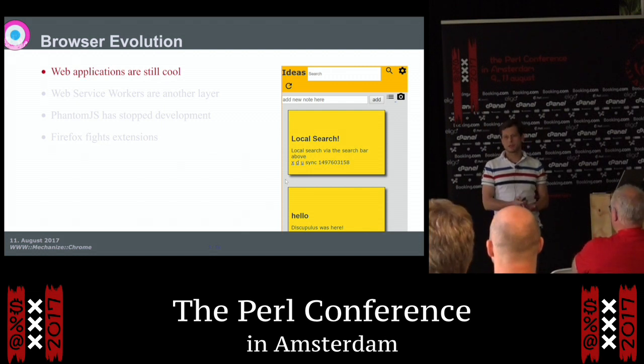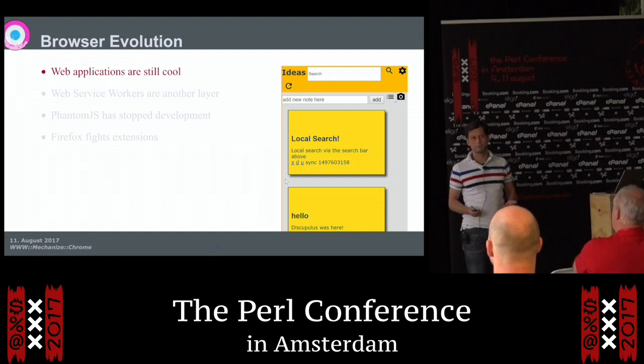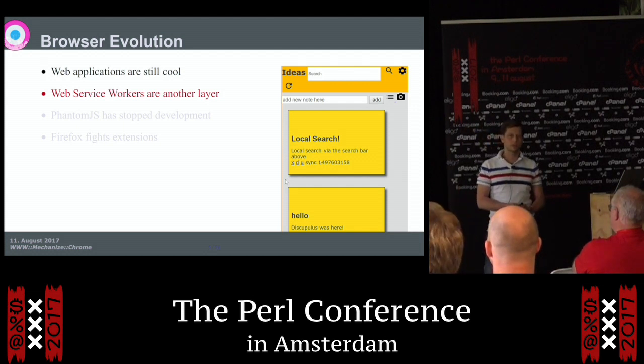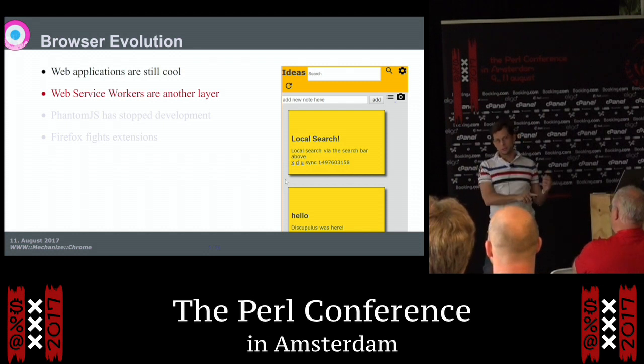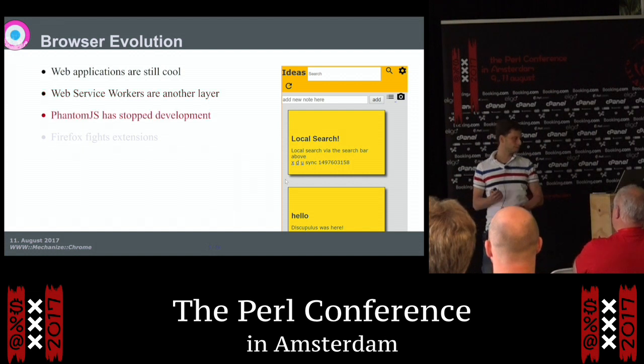Web applications still are cool, and people write their applications in JavaScript. And since I think two or three years, another layer of interaction was forced between the browser and the server: web service workers, which are like a proxy in your browser, but behind your web page. So that's one more thing to debug or to circumvent.